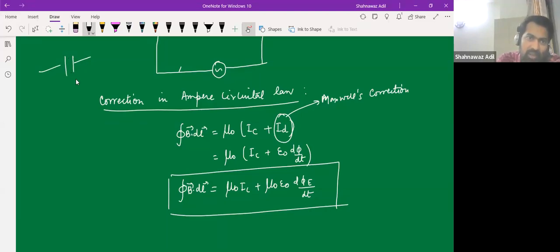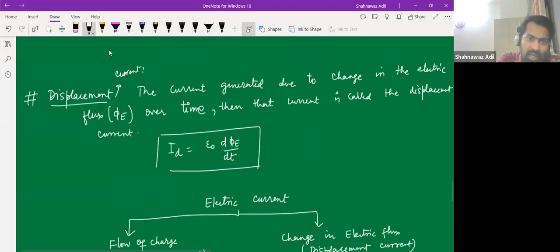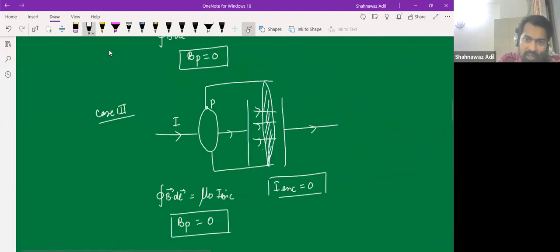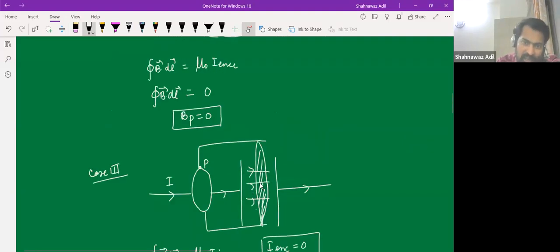But when Maxwell saw that there is a need for this current inside the capacitor, we understood that we have to make some correction in Ampere's circuital law, because it was perfectly fine for the conduction current.